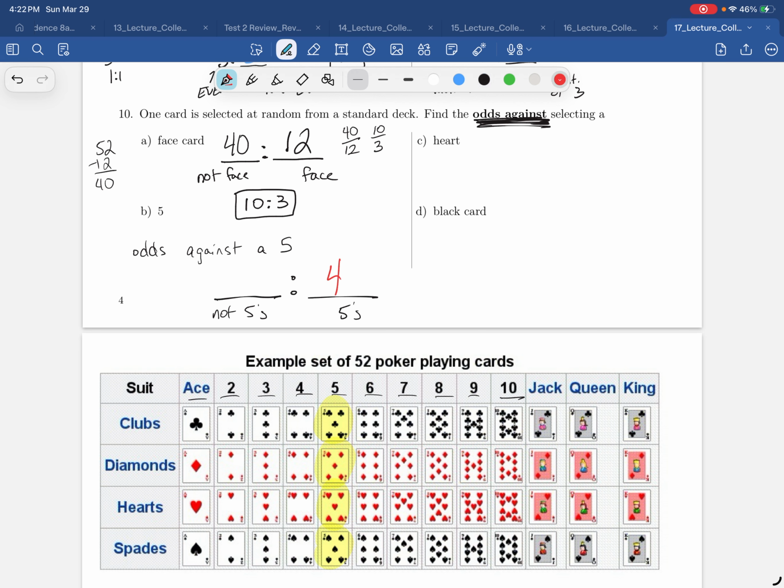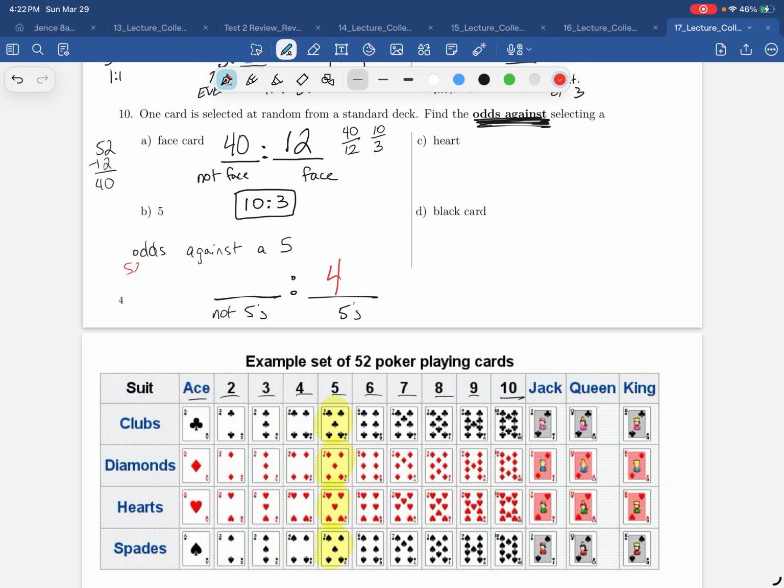And then for the rest of them, I would just do 52 minus 4 to get 48. So 48 to 4. And if you started reducing those down, I know that 4 goes into each of those. So if I divide both sides by 4, that will get me 12 to 1 odds against. That means that you're 12 times more likely to get not a 5 than you are to get a 5.